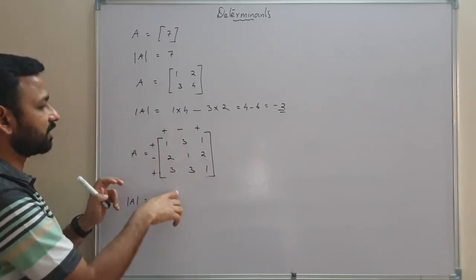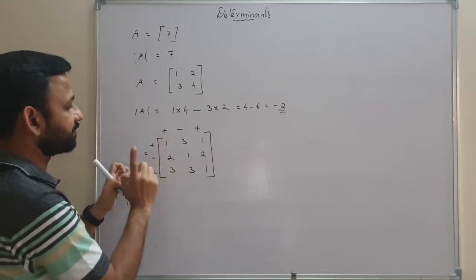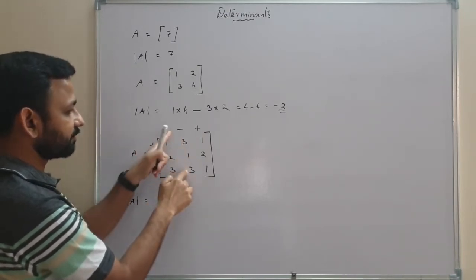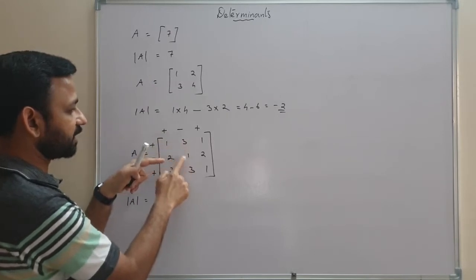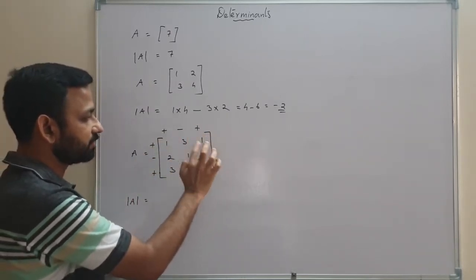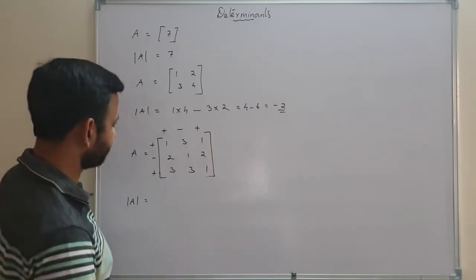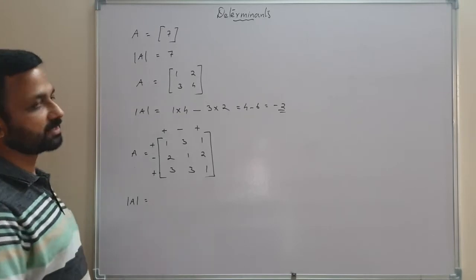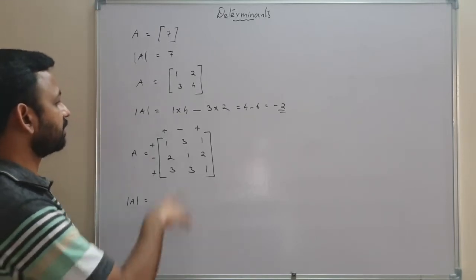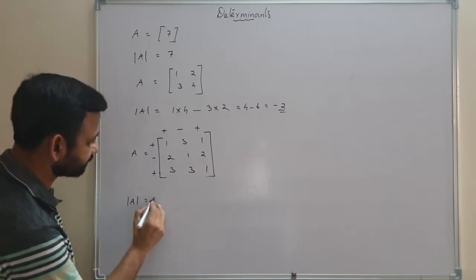When we use the first column, the first sign is positive, then negative, positive. When we use the second column, negative, then positive, negative. When we use the third column, positive, then negative, then positive. That is the order we are following. Then the determinant by using the first row: the signs are positive, negative, positive, so the first sign is positive.